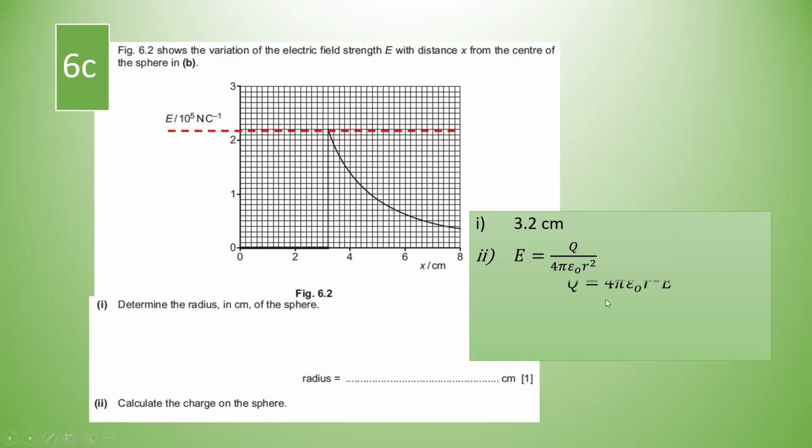Then cross multiply to find Q. 4 pi epsilon naught, R change it to meter, 0.32 square. That's your E, 2.2 and then the power 5. Remember the 5 there. Don't forget the 5. Don't be careless. And you get your answer: 2.5 times 10 to the power minus 8 coulomb.